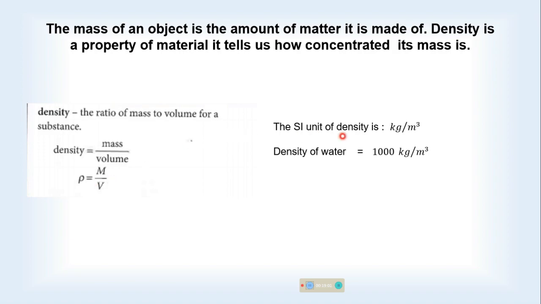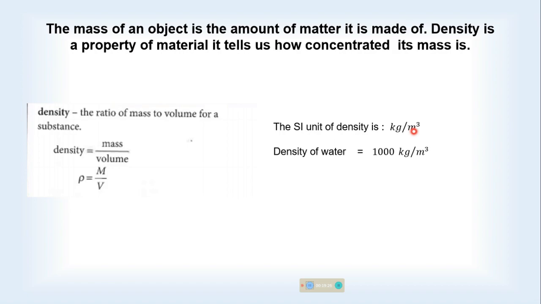The SI unit of density is kilogram per meter cube. In the CGS system, the unit of density will be gram per centimeter cube. So make sure while solving numerical problems that the units are from the same measuring system. Either it should be kilogram per meter cube or gram per centimeter cube.